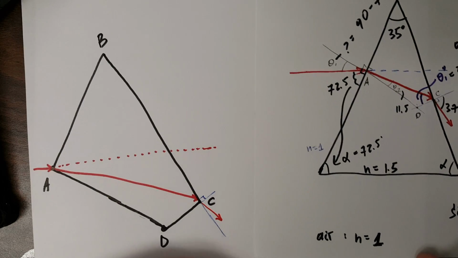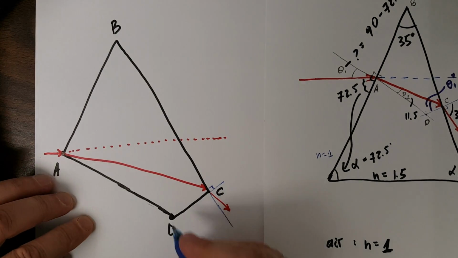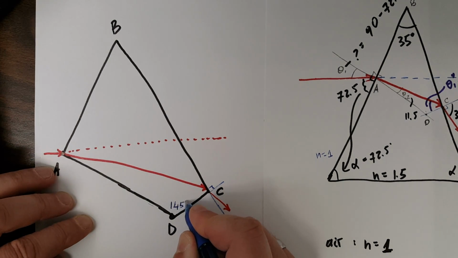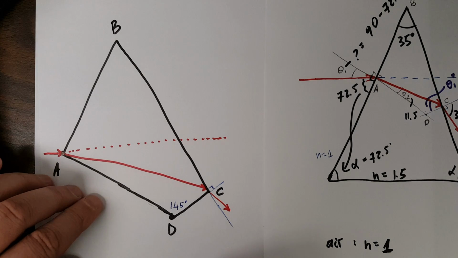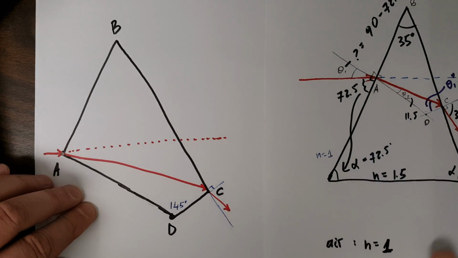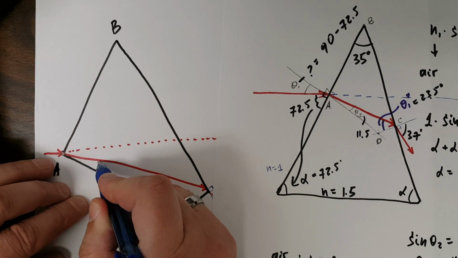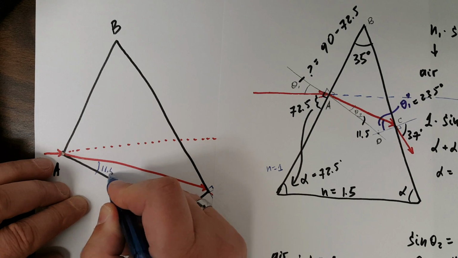All right, what angles do we know? Well, all of them. Let's put them. 145 degrees. Now, this angle here, 11.5 degrees.